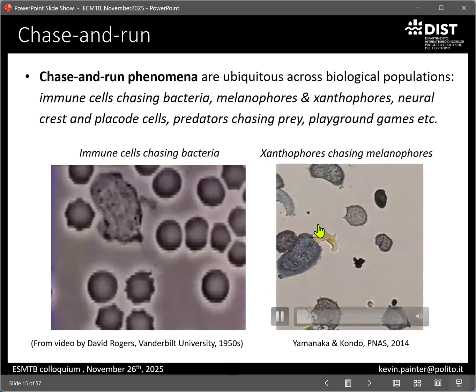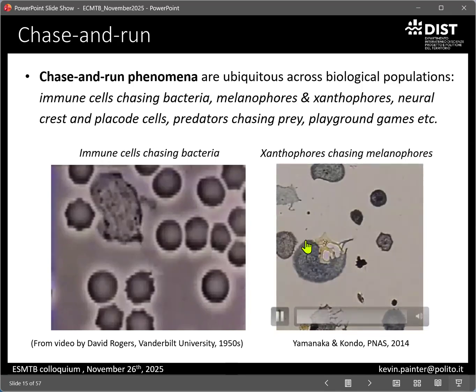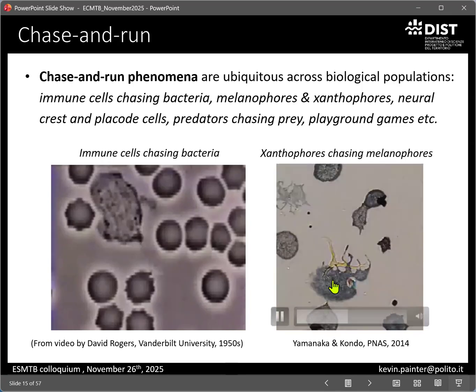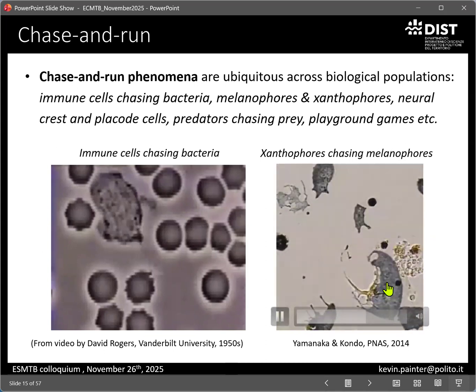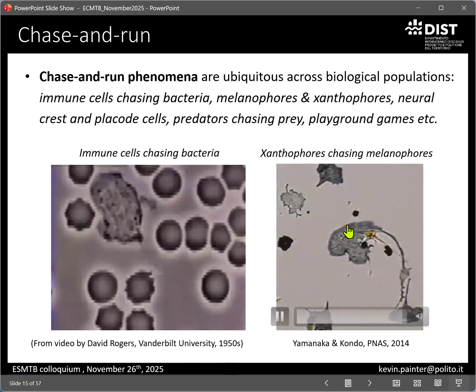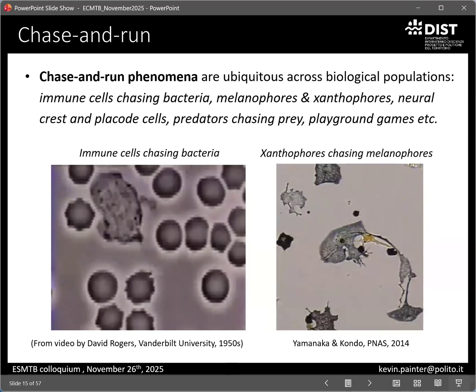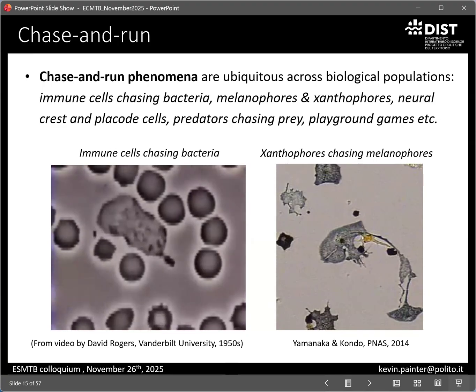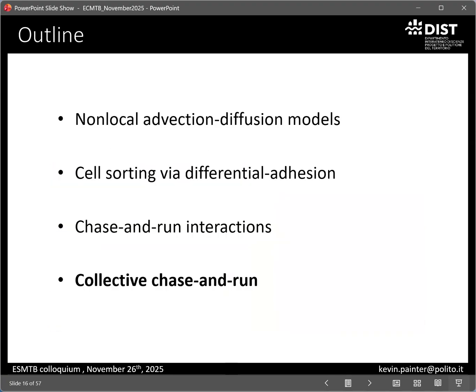And when these are placed on a petri dish, you can see chase and run happening, where the melanophore is always moving away from the xanthophore, and the xanthophore is always pursuing it, keeping this interaction between them. So chase and run, as I say, we're familiar with ourselves, but it also seems to be a process occurring down at the cellular level as well. So that's what I mean by chase and run interactions.